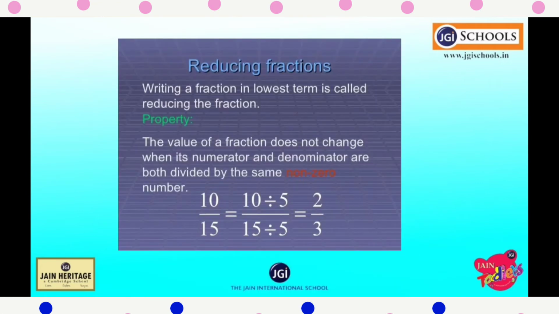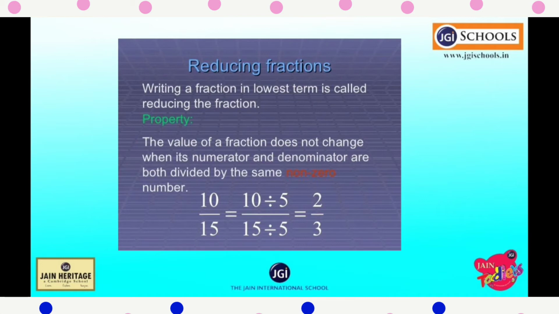Now, the next topic is that you have to reduce the fractions, that is reducing fractions. Writing a fraction in lowest terms is called reducing the fraction. The value of a fraction does not change when its numerator and denominator are both divided by the same number. For example, 10 by 15.